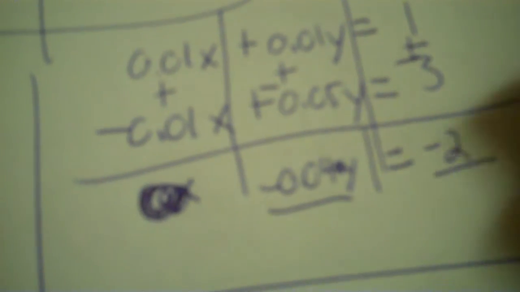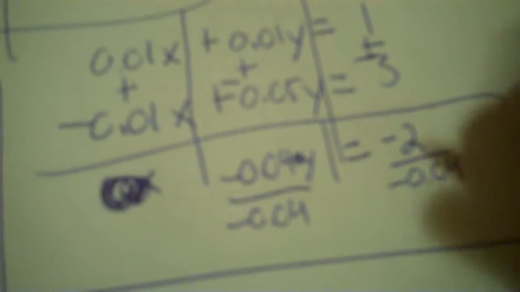Okay. And you divide. So I divide negative 2 by negative 0.04, and that is 50. Okay, so y is 50. That's under the 5%. Just look at the percent. It's under the 0.05, so it's 5%.